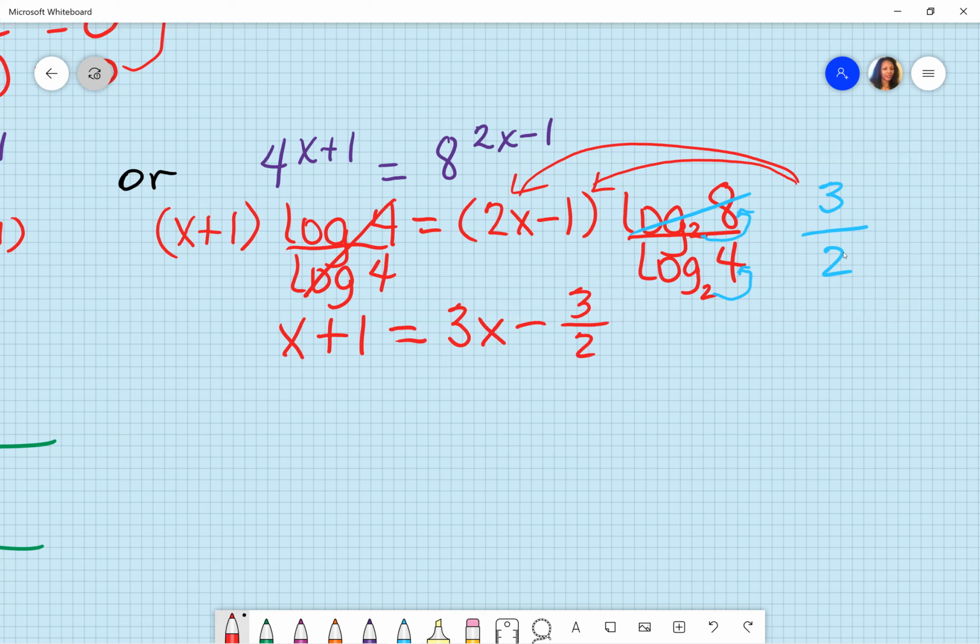It's up to you. So now what I want to do is subtract x on both sides. And I'm going to add 3/2 on both sides. Or again, if you feel comfortable changing it to a decimal, then do that.